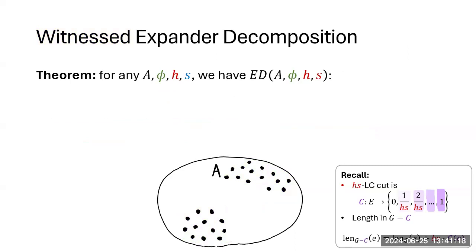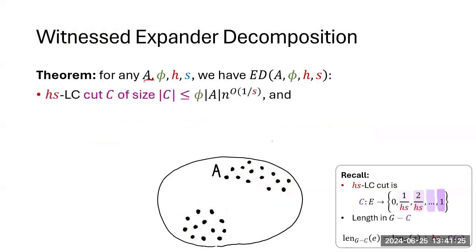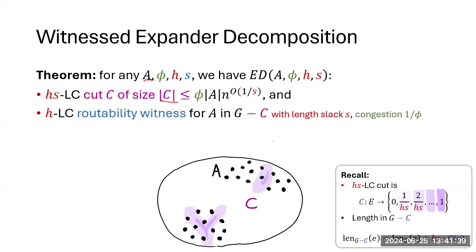Given some parameter and a node weighting A, first, it returns some length-constraint cut or length increase of some edges, so that the total cut size is like 5 times A, which increases the length a bit. And then it also returns the routability witness of A, which is the router on top of the clusters of the neighborhood cover. That is how you think about witness expander decomposition: for any graph, you can increase the length a bit, and then the node weighting that you care about is routable after you increase the length.